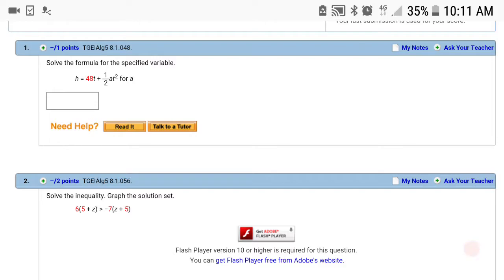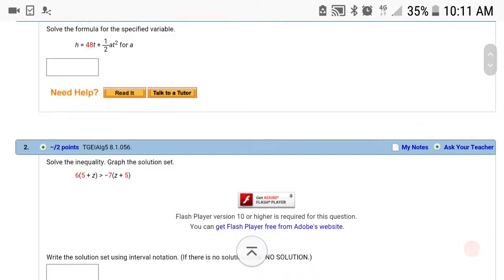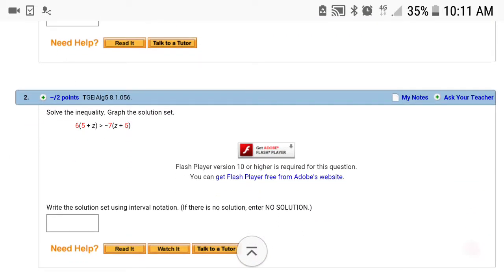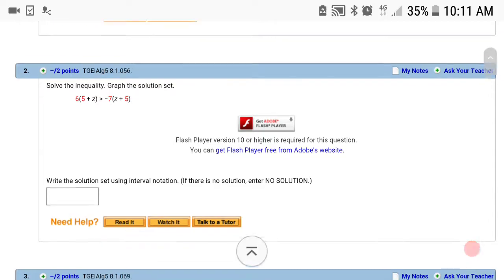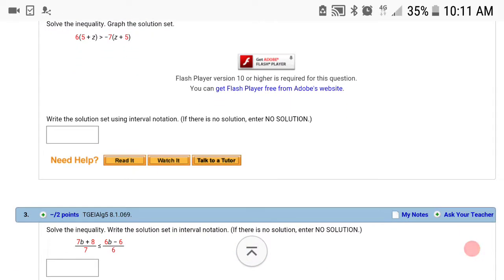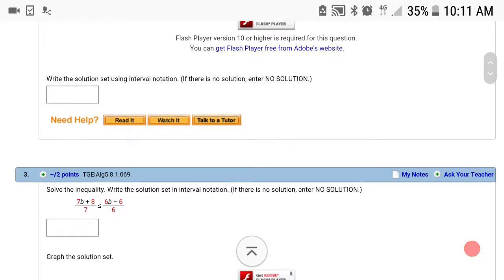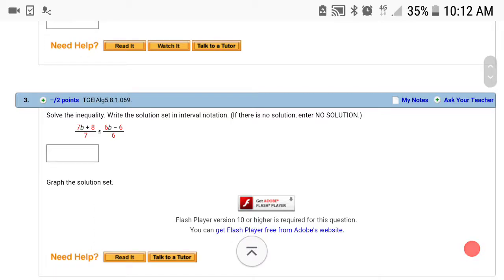Okay, so you can practice formulas in 8.1 and then also inequalities in 8.1. I did not ask that you graph the solution set. You can write your answer on a graph if you like, or you can write it with interval notation when you have an inequality. Either way is okay on the test.